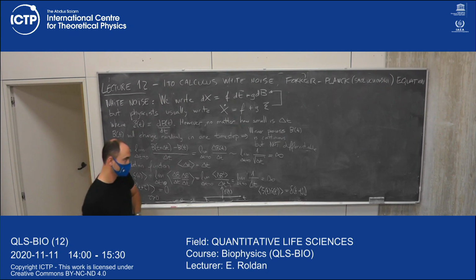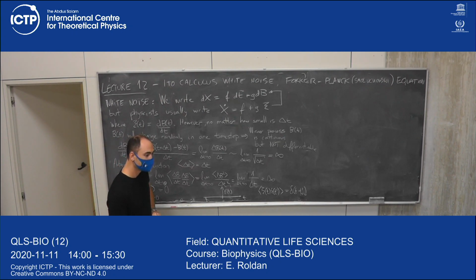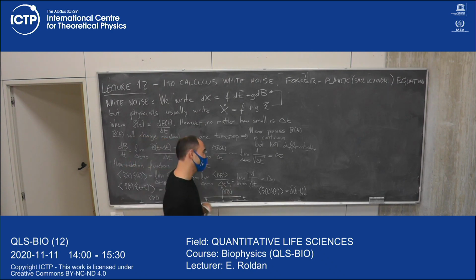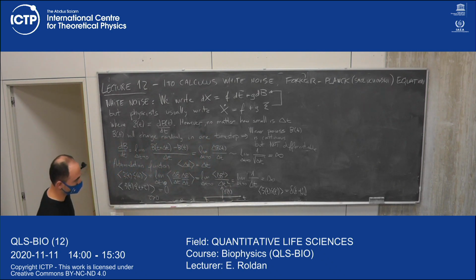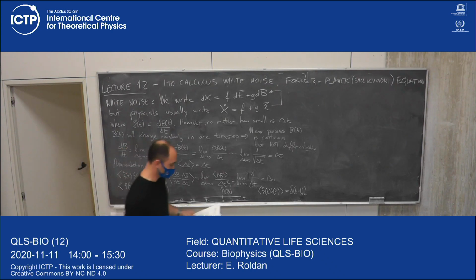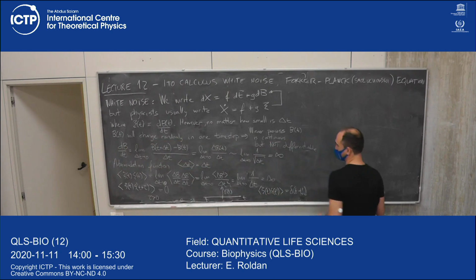Yes. How did you do that? This is okay. This is an order of magnitude. Okay, because delta B squared goes like delta t. So delta B goes like square root delta t. Okay, yeah. I will give you now more precise statements on this. Let me try to clarify this with more precise math.